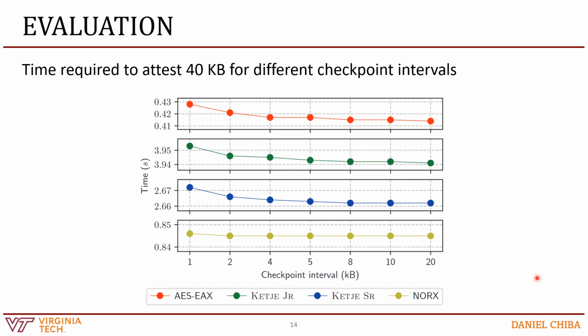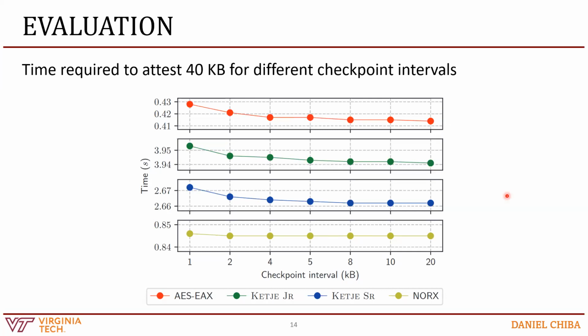They've set the checkpoint interval to be based on different amounts of data processed. And so you see here for time, the higher your checkpoint interval, the lower the overall time taken for attestation is.